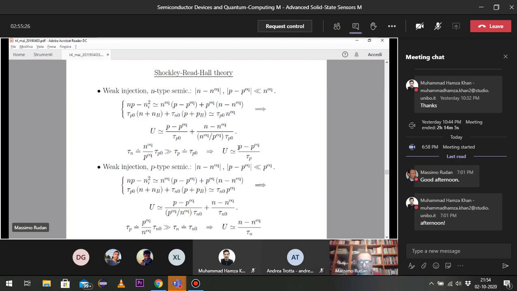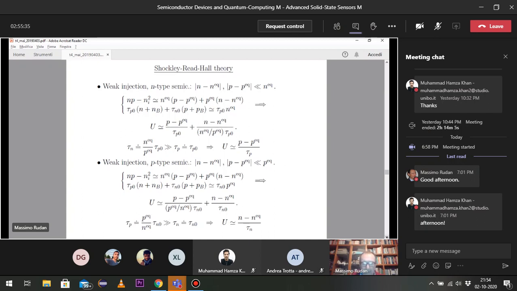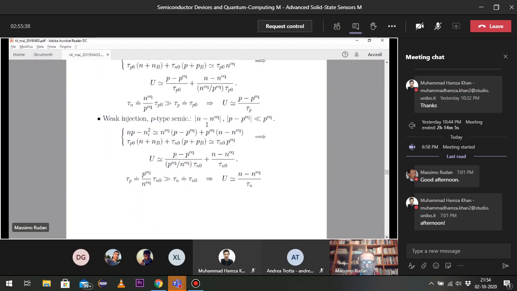It is equal to P minus P equilibrium over tau P. Conversely, if you are in a P-type region, by the same reason, you find that if the weak injection condition applies, then the net recombination rate is practically determined only by the minority carriers, that in this case are the electrons.